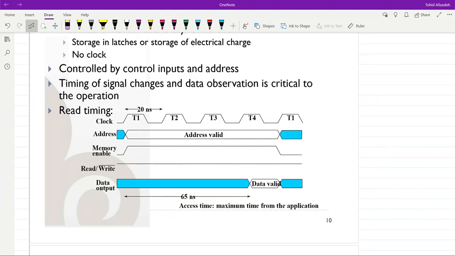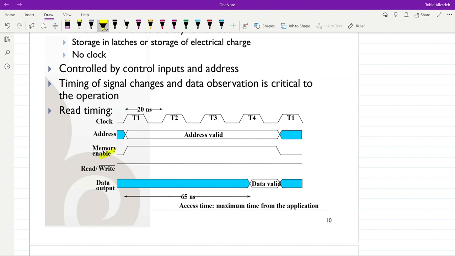So basically the CPU will provide the address, the data for the write, the read-write control signal, and also the memory enable. With the memory enable, the whole operation will be synchronized with the rest of the computer system. In this example, we will see how this is done.